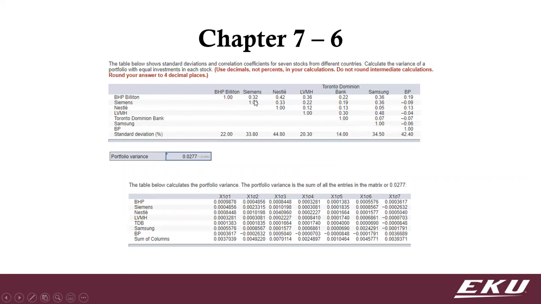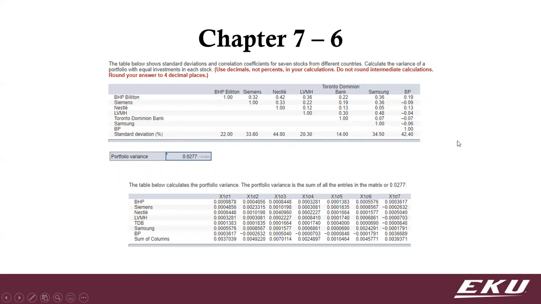And then this other one, this cross term, is saying, okay, well, how does Siemens change when BHP changes? Or how about Nestle relative to BHP, right? And so that's what these terms are. You notice these are all positive, and then once we get to BP, you start seeing some of these are negatively associated, negatively correlated, and that's okay, right?